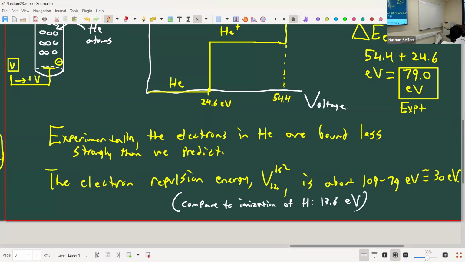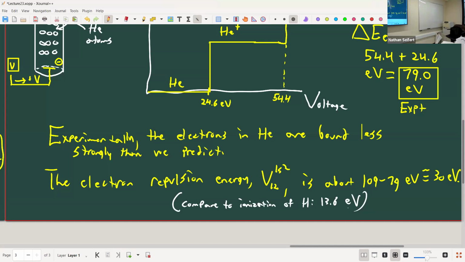That's a lot of energy. There's more repulsion in helium than there is attraction in hydrogen. Obviously it's a very important contribution. When the repulsion is on the order of the canonical attraction of an electron to a proton, that means that it's a big effect. We're way off.